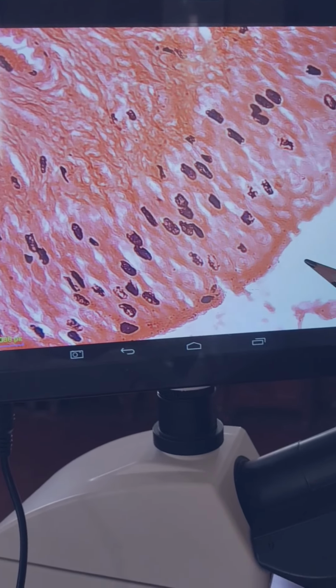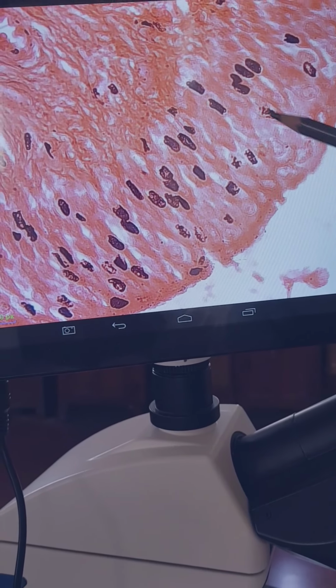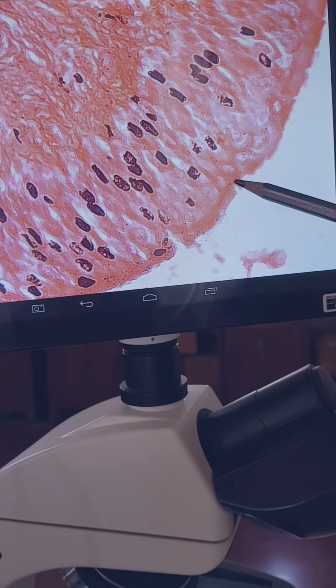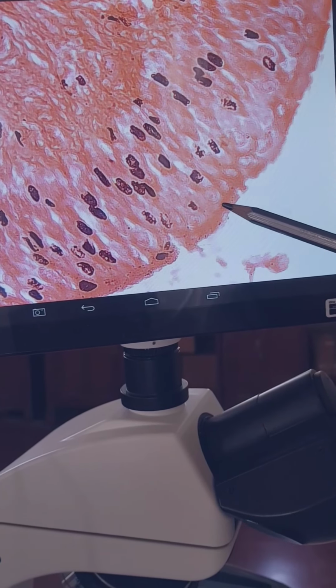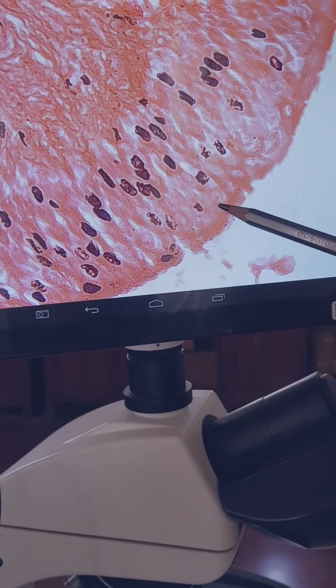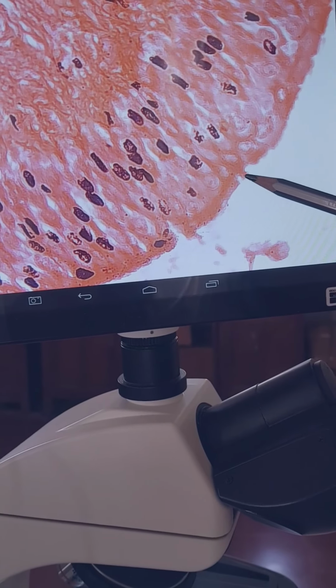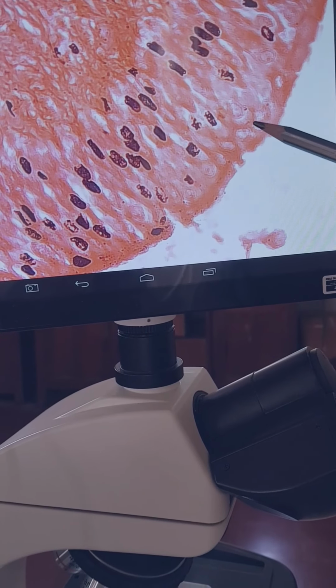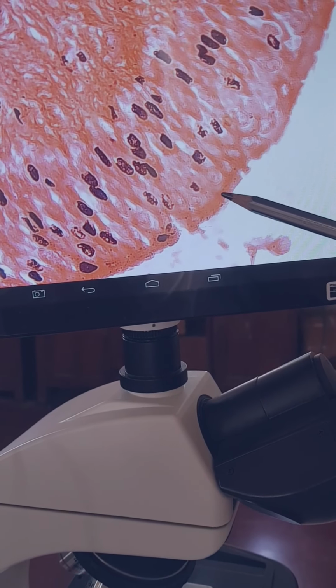Another stratified type is the transitional epithelium. This is the lumen side. This is the slide of the urinary bladder, which is lined by transitional epithelium. Transitional means it has the ability to stretch, that is, contract and relax. That's why it is called transitional epithelium.